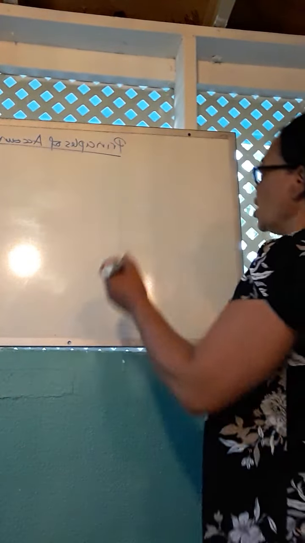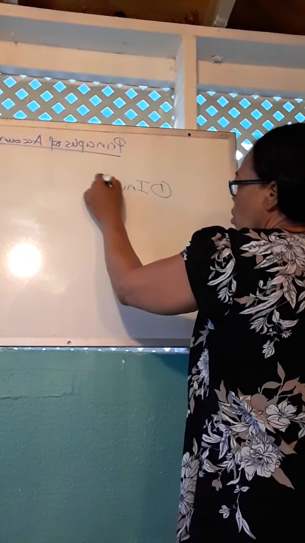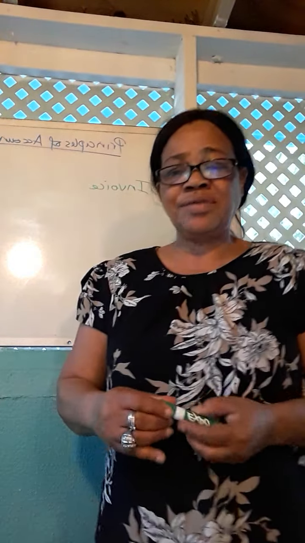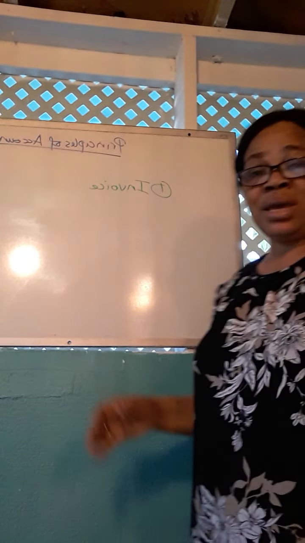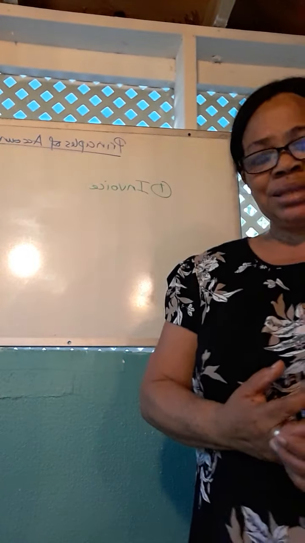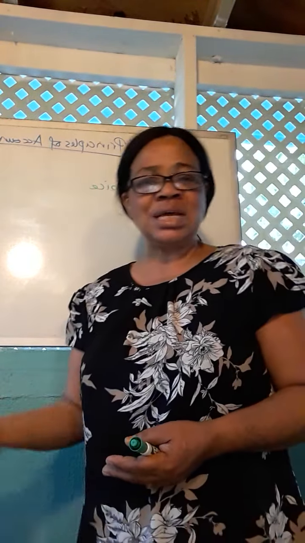And the first document is one that is called an invoice. The invoice is a very important document in business because whenever we buy or whenever we sell something, the invoice is what we will get. The invoice would include the buyer's name or the seller's name.